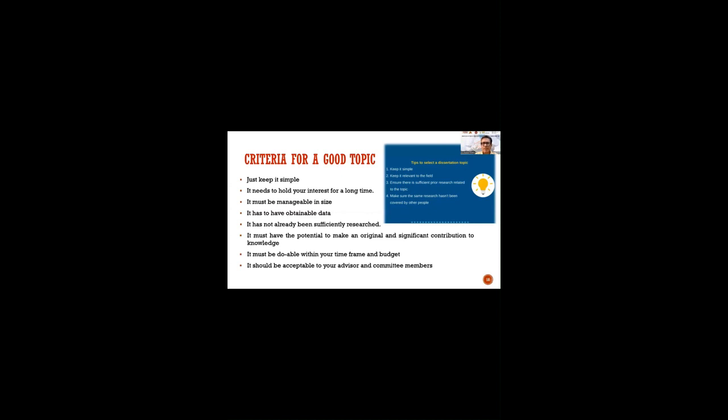It must have potential to make an original and significant contribution to knowledge. It must be doable within the time frame. Your postgraduate program is a time-bound program, and the budget is fixed. It should be acceptable to your advisor and the committee members. So it's like trying to make everything as optimal as possible among all these criteria.